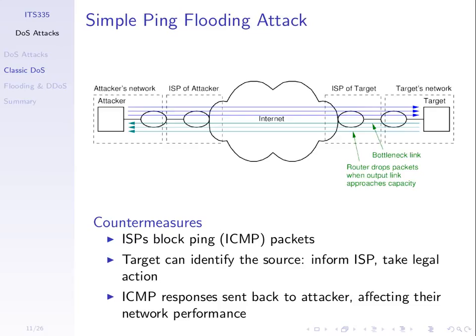For example, if I started an attack from my laptop here onto, say, the Facebook web server or some popular website, it wouldn't be too hard for that website to detect the source address, and they would identify the source eventually as SIT. It's not too hard for someone to identify, based upon the IP address, that the source comes from somewhere inside SIT.